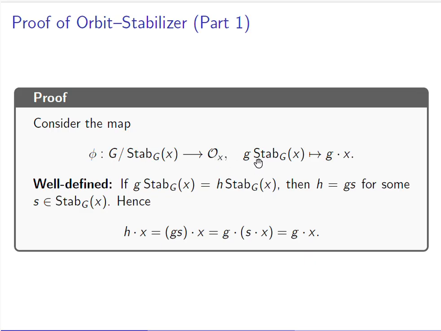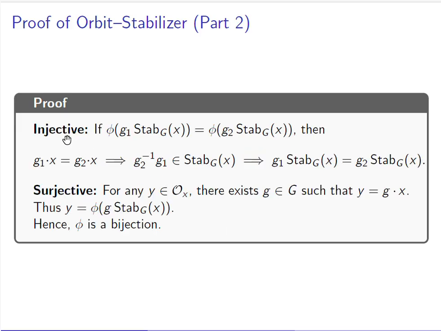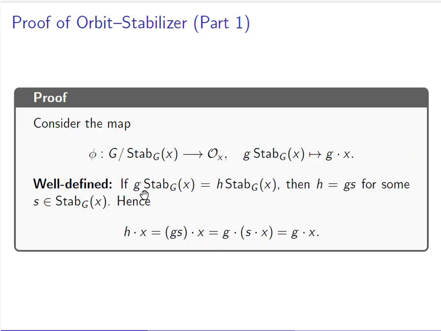The map is given by sending the coset gStab(x) to gx. We show that it's well defined, injective and surjective.